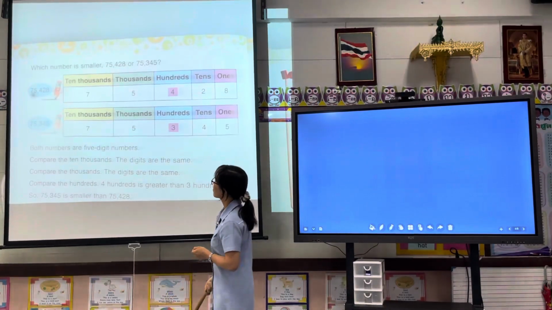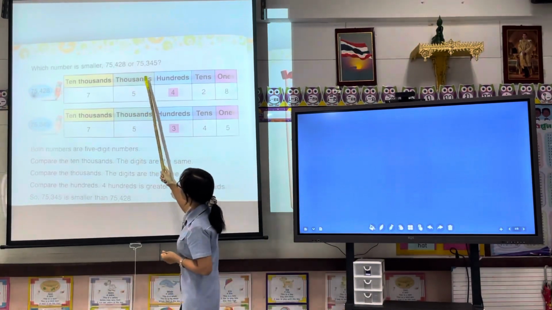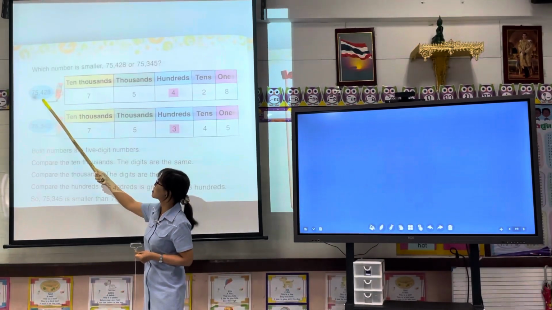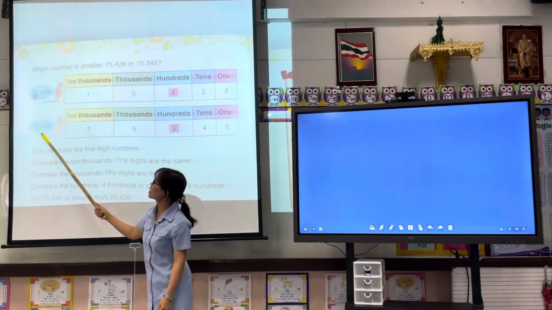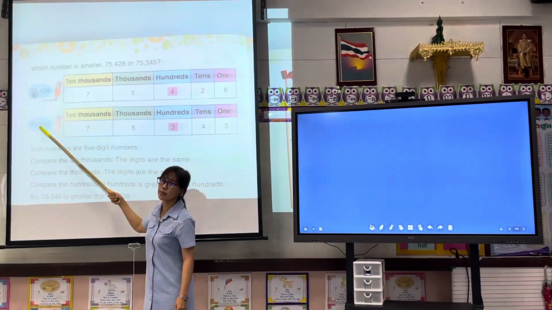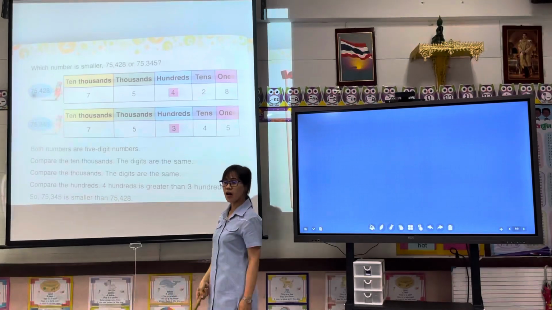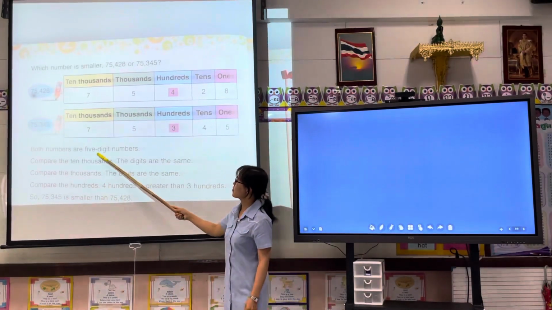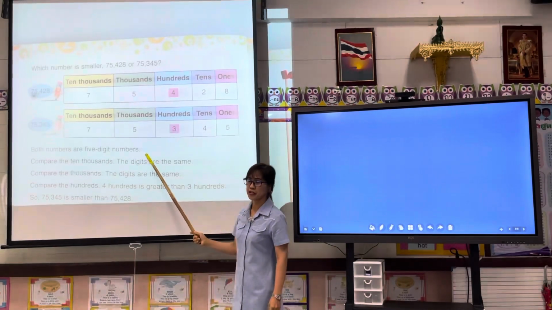Alright, so let's think about this. Which is smaller? Now, the first number, how many digits? 5. Second number, also 5. So they have the same. Both numbers are 5-digit numbers.